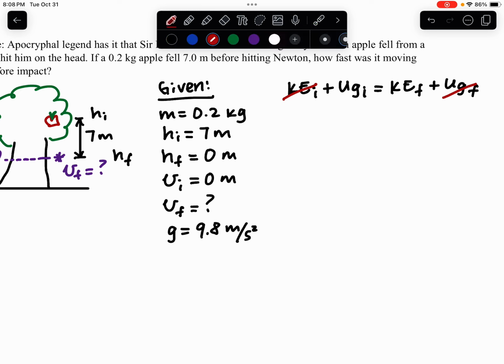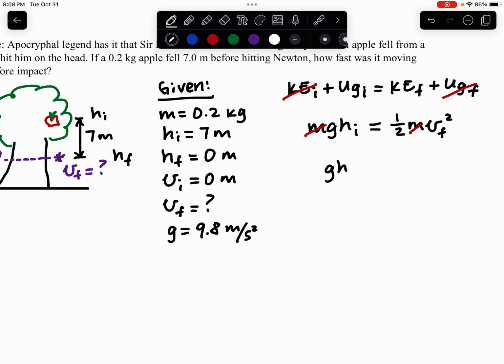Now let's substitute our equations. So we have m g h initial for gravitational potential energy initial, equal to 1/2 mass times velocity final squared. Notice how the mass is going to cancel.